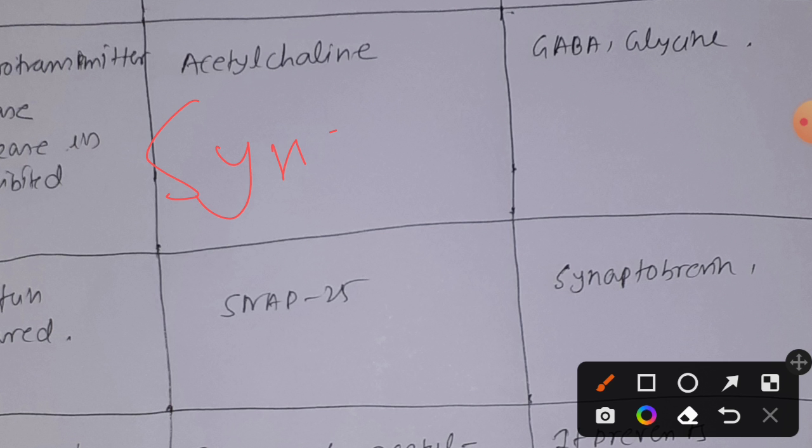The protein cleaved by botulism toxin is SNAP25, which is involved in the cross talk between synaptobrevin and syntaxin, and tetanus toxin cleaves synaptobrevin, which prevents the release of GABA and glycine.